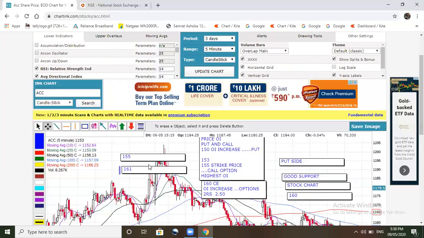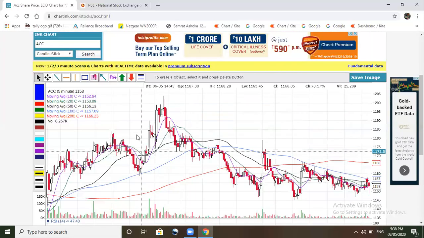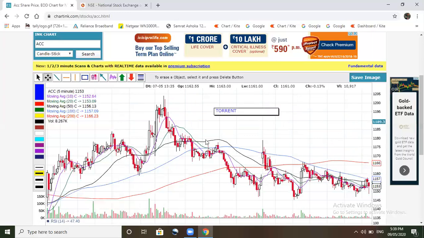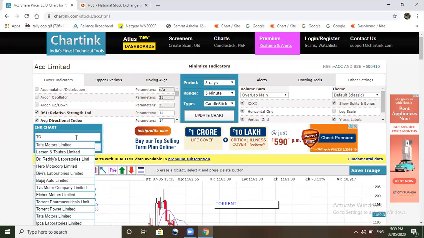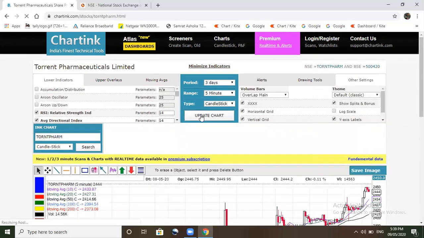Now I will take one small example, of how yesterday I was looking at Torrent Pharma and how you identified that it was a long buildup. So we will take the Torrent Pharma stock, and it is a 5-minute chart.